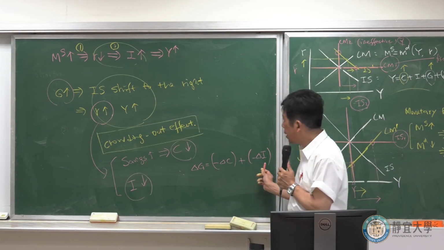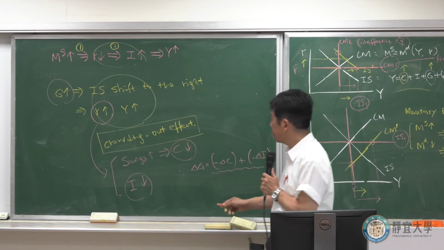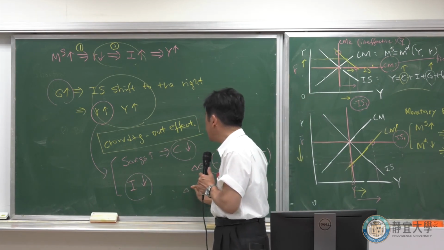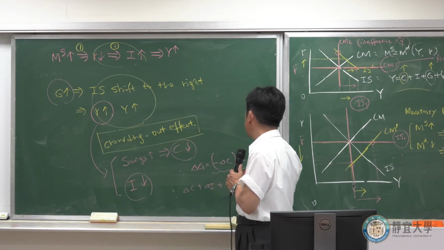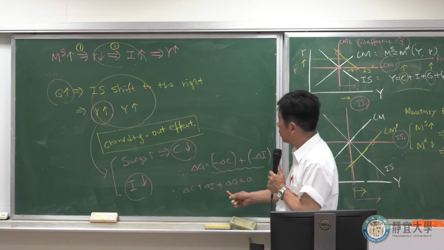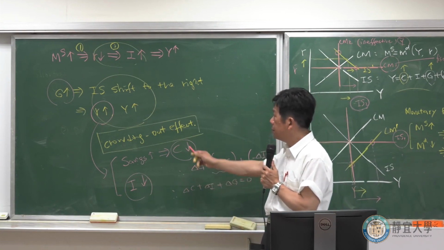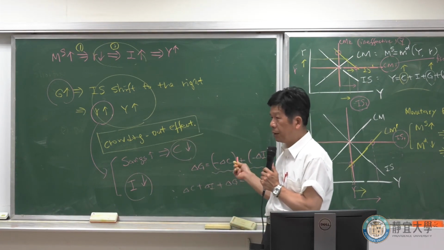After that, you can move these two to the left hand side, and you find delta C plus delta I plus delta G equals 0. This represents the government spending crowding out consumption and investment.